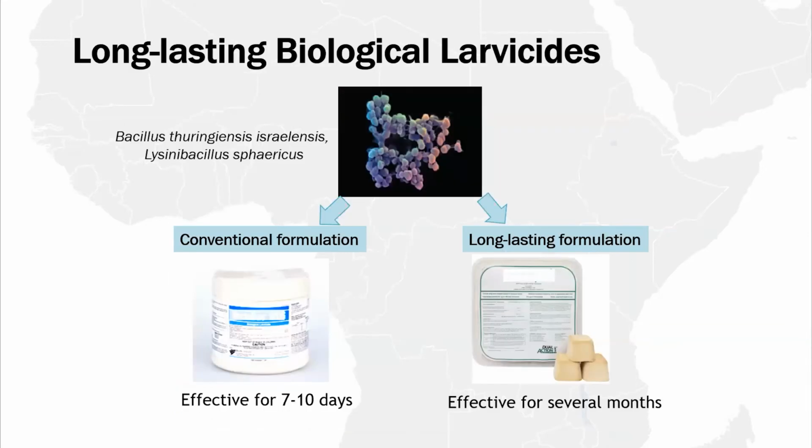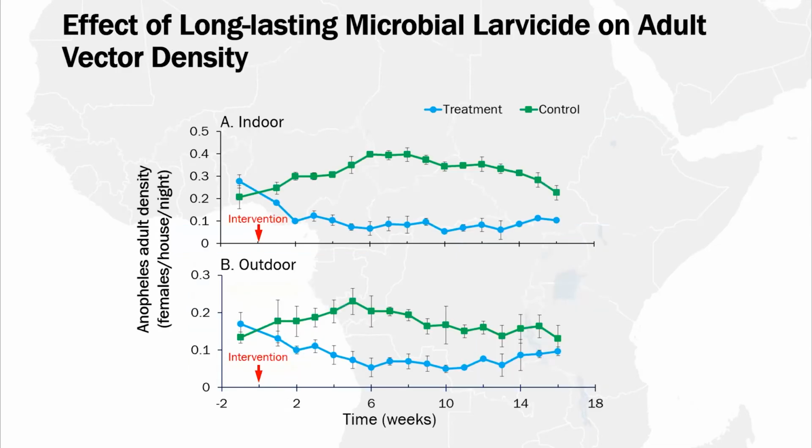Now, conventionally, we know of this biological larvicide, and this particular formulation has been known conventionally to be effective for between 7 to 10 years. But now, there's a long-lasting formulation which is known to be effective for several months. So our team went out, both in microcosm and also in the field, to test the efficacy of this particular larviciding.